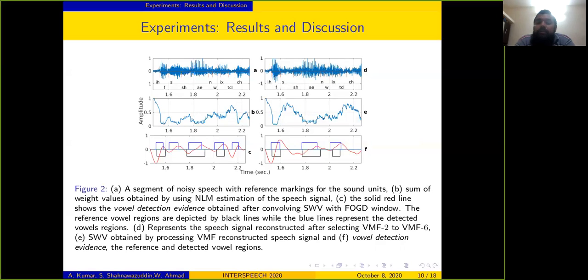Okay, then in D, we have shown the speech signal reconstructed after selecting VMF2 to VMF6, and then the SWV obtained by processing the variational mode functions reconstructed speech signal. Okay, and then the vowel detection evidence and the reference and detected vowel regions have been shown in F.